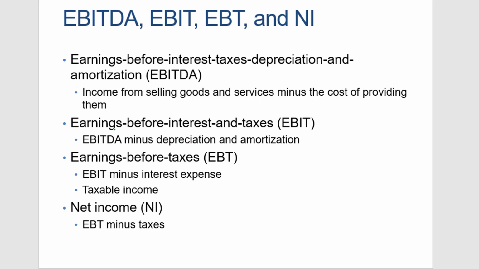EBIT is your EBITDA minus depreciation and amortization. I think it's super handy the way these work out: you have your EBITDA, earnings before interest, tax, depreciation, and amortization. When you subtract depreciation and amortization, you're left with your earnings before interest and tax. Then minus any interest expense, EBIT minus interest, you're left with EBT, and this is your taxable income.